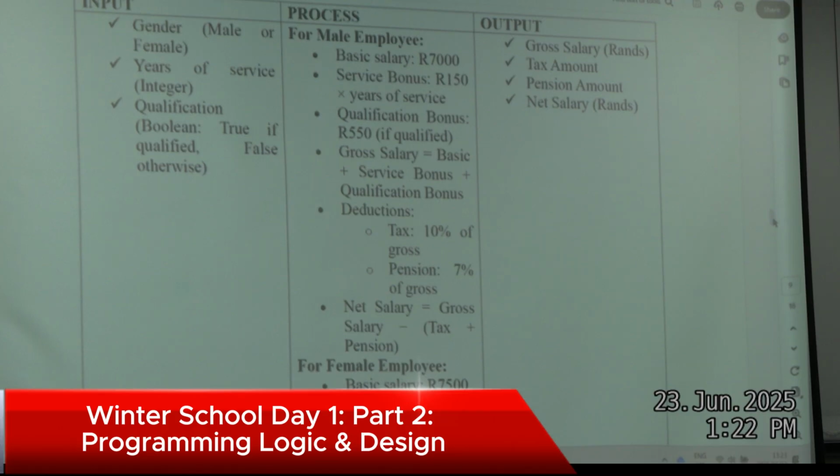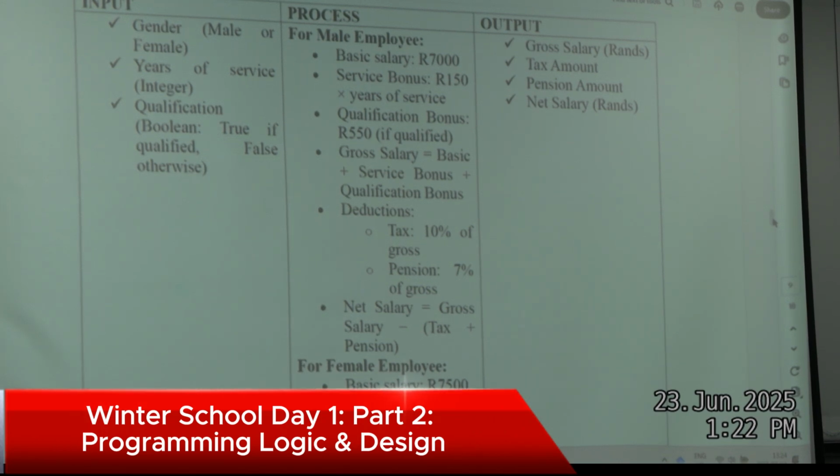What we can keep here is only the formula calculation about gross salary, assigned to basic plus service bonus plus qualification bonus. Deduction. So what we'll be keeping here is only from gross salary deduction up to the net. Can you see that? Anything that is given as a value, it's an input, it's wrong, cannot be done here.